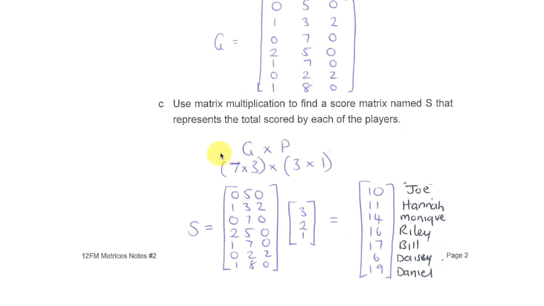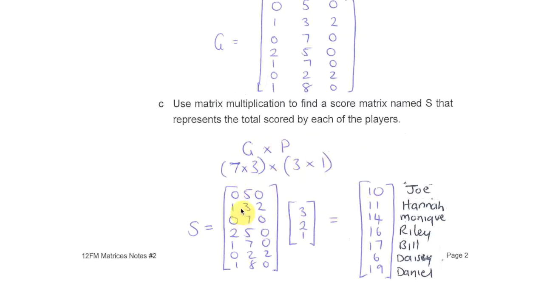So the only way that we can do a multiplication here is to do matrix G by matrix P. The reason being is that the two inners need to be the same, and furthermore the resultant matrix, or the answer matrix, will be a 7 by 1 matrix.